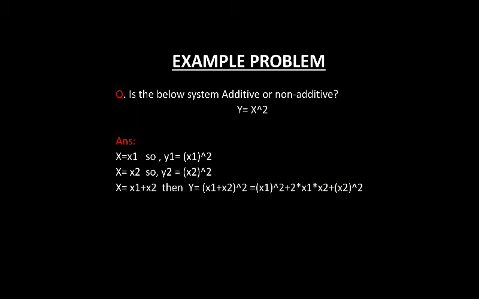If we input the summation of these two values, x1 plus x2, then for the system to be additive, the output must be x1 square plus x2 square. So first we sum the inputs and put them in the system, and the output is x1 square plus 2 x1 x2 plus x2 square.